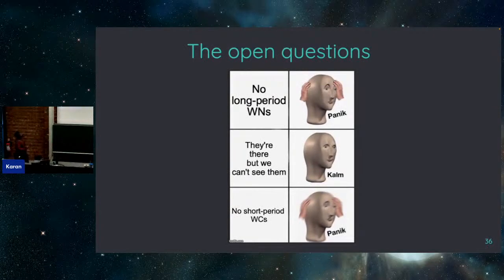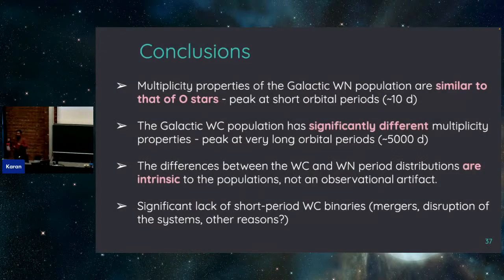So if that was too complicated, here's another meme. There are not a lot of long period WNs. Is that a problem? Not really, because they are probably there, but we just can't see them. But there are not a lot of short period WCs. Is this a cause for panic? Not really, because we've looked at the northern galactic sample of Wolf-Rayet stars.